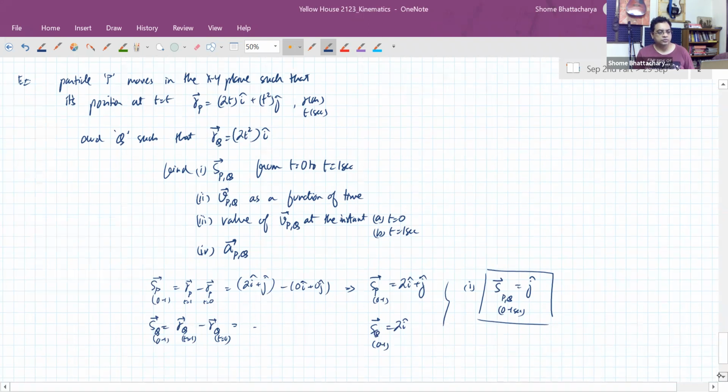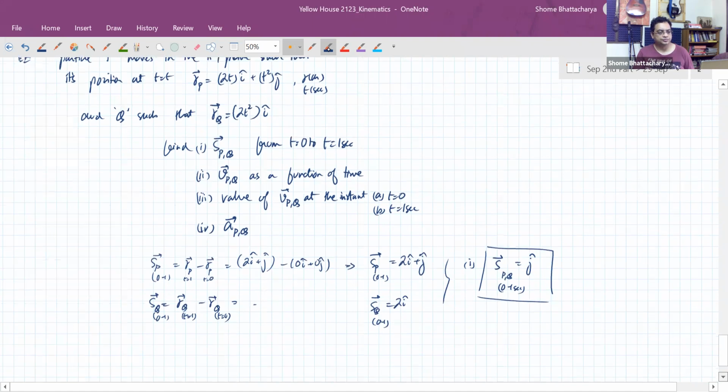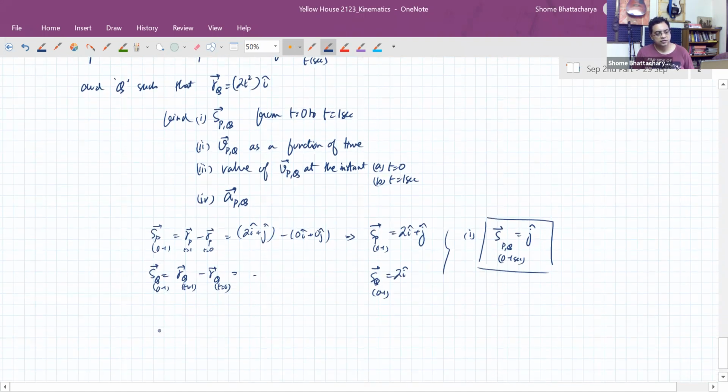Then you can see from this the position of P as a function of time, so the velocity of P will come by differentiating this.